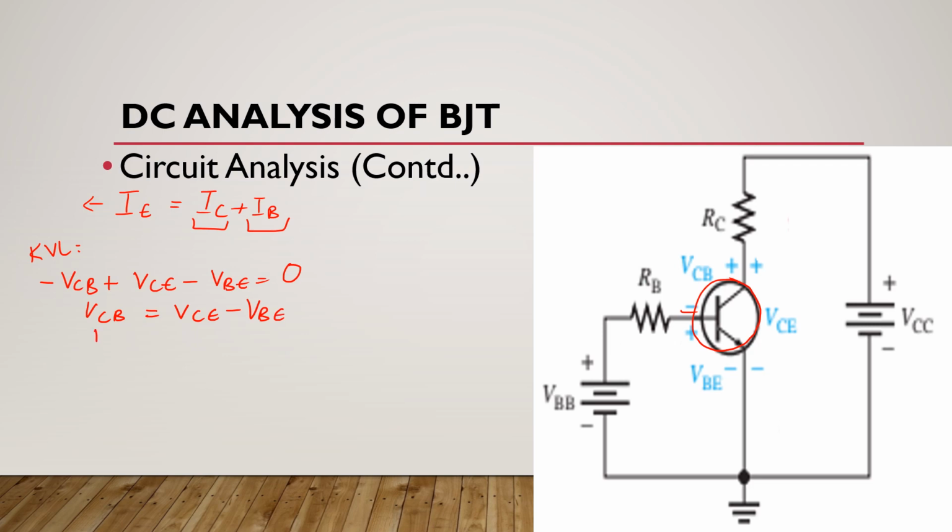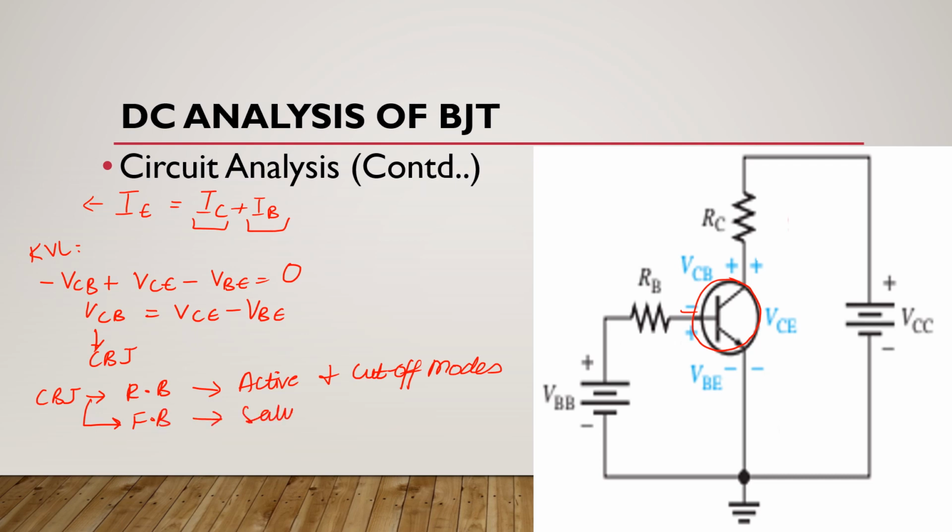So this is the voltage drop across the collector base junction. We know that this collector base junction is reverse biased in active and cutoff modes of operation, whereas it is forward biased in saturation mode.